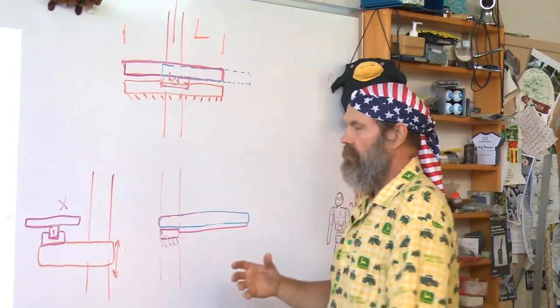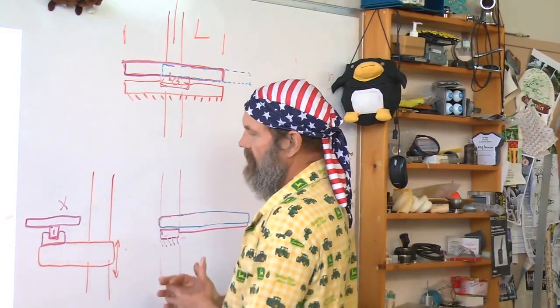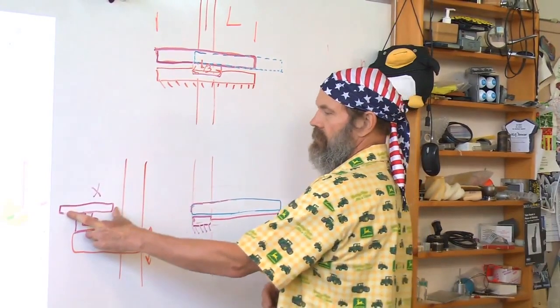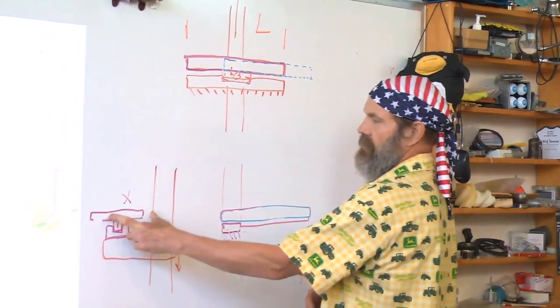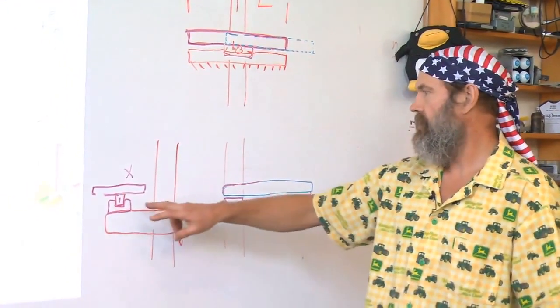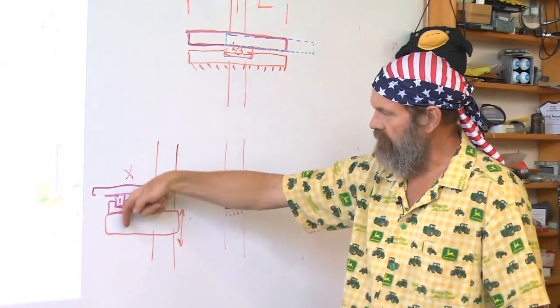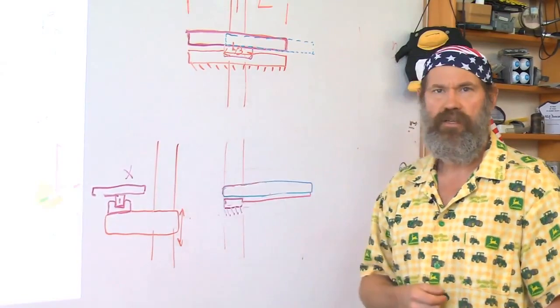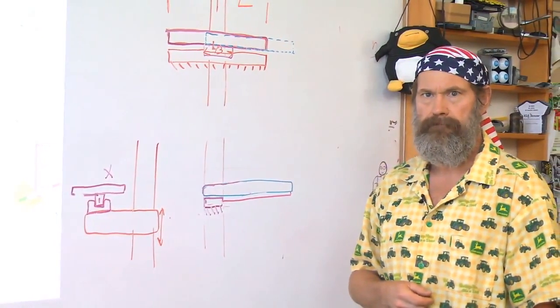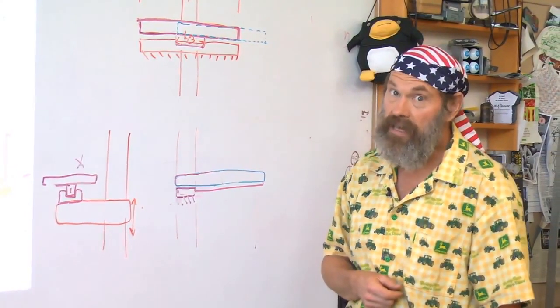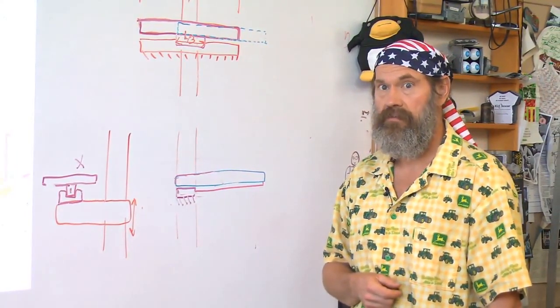How would we stack one axis on the other such that I can move this way and also this way and have the bearing block always under where the drill is going to be? How would we do that? Can we do that? Is it possible even?